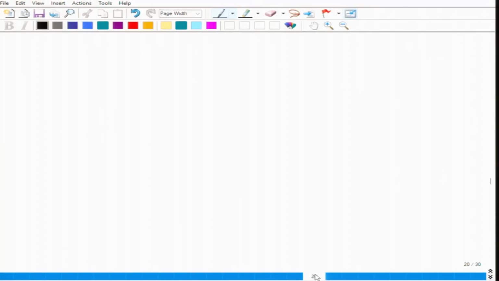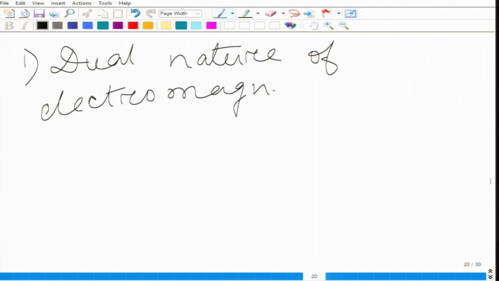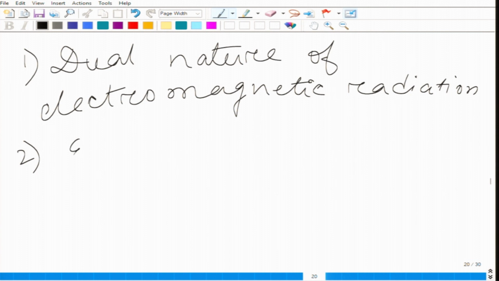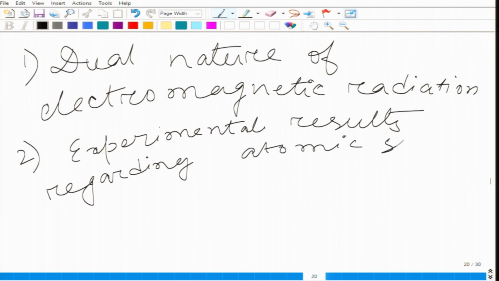So, the factors were, first of all, the dual nature of electromagnetic radiation, and the second point was experimental results regarding atomic spectra and quantized electronic levels.